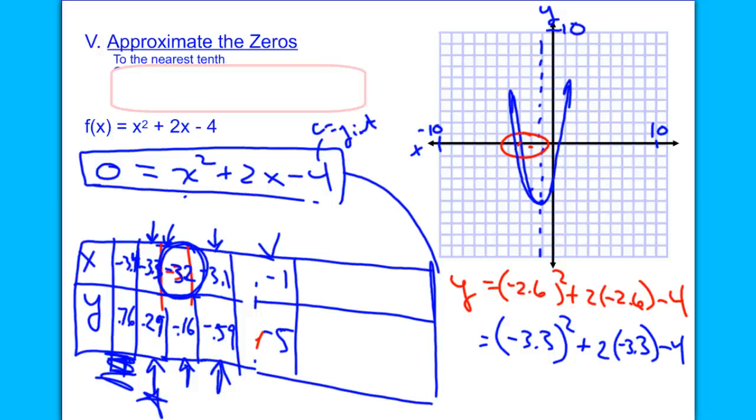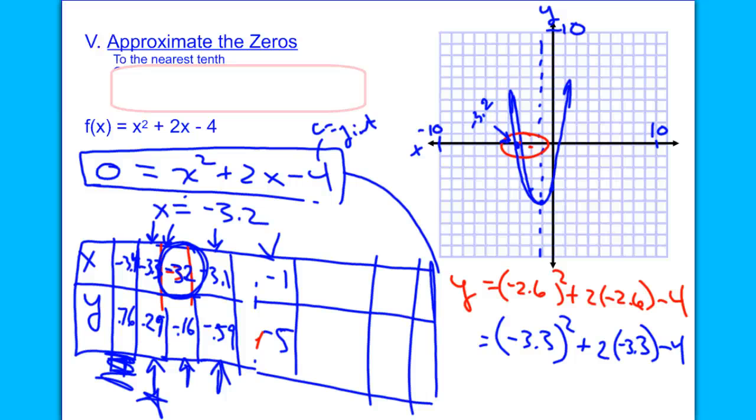We have one solution at x equals -3.2. Now, how can we use that to find the other one? We know that this crosses at -3.2. How can we use that known information to find the other one over on the right, rather than going through this horrible calculation that we're going through?